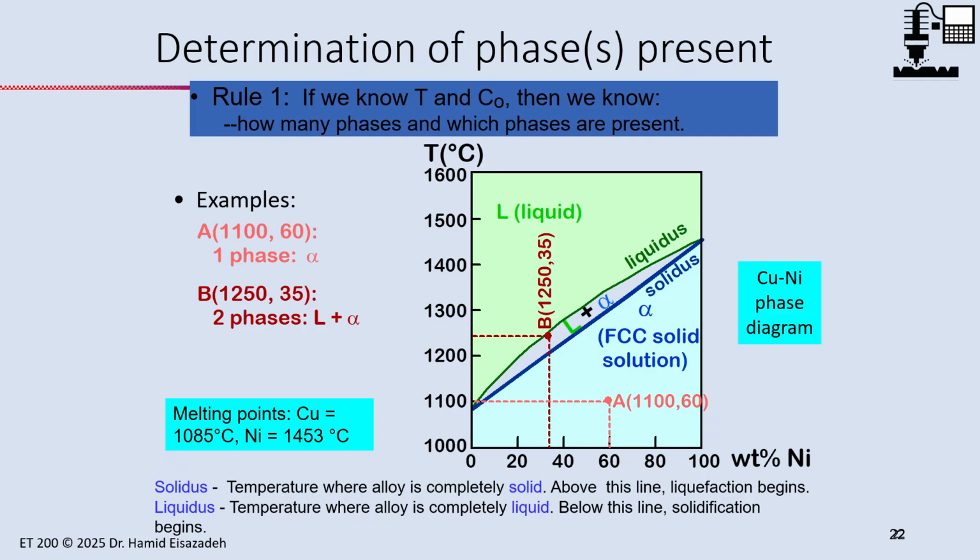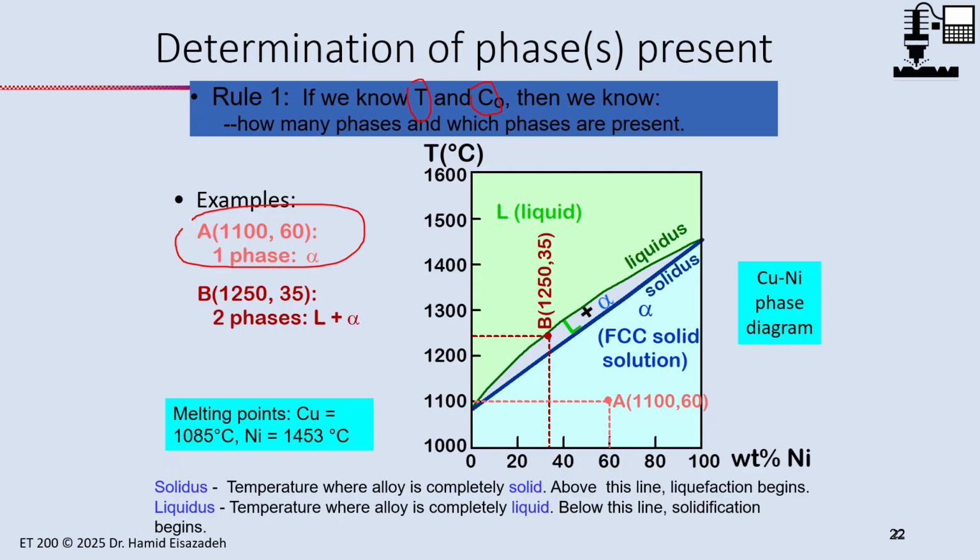If we have the phase diagram of a system, we can find out what phases we have based on the temperature and composition. For example, this is a copper nickel phase diagram, and we have one point. The point is 1100 degrees Celsius.